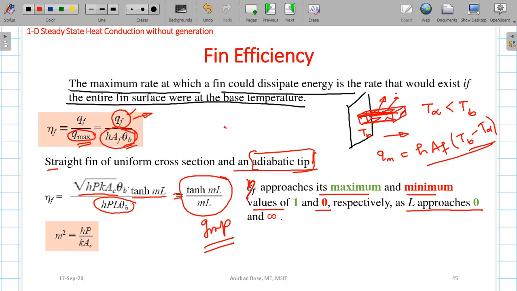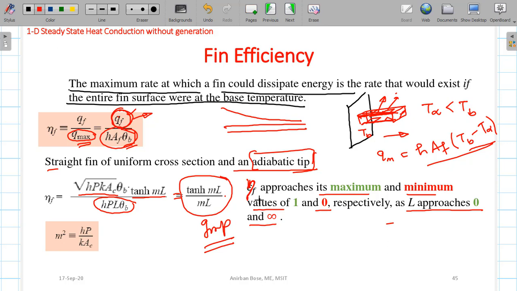But if the fin is very long, the temperature will gradually fall from TB, so Q fin will be less and less with respect to Q max. When the length is infinite, the fin efficiency will become 0. Remember that effectiveness and efficiency are two completely different things, but both measure the fin performance in some way.